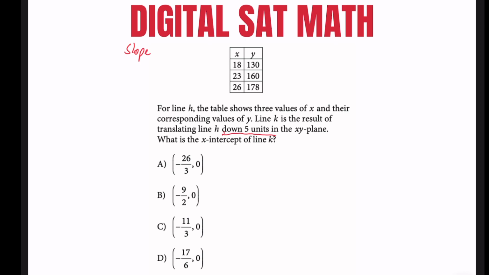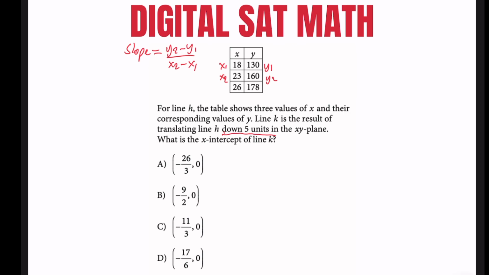The slope formula is y2 minus y1 over x2 minus x1. So let's say this is x1, this is x2, this is y1 and y2. And let's determine the slope of this given equation.